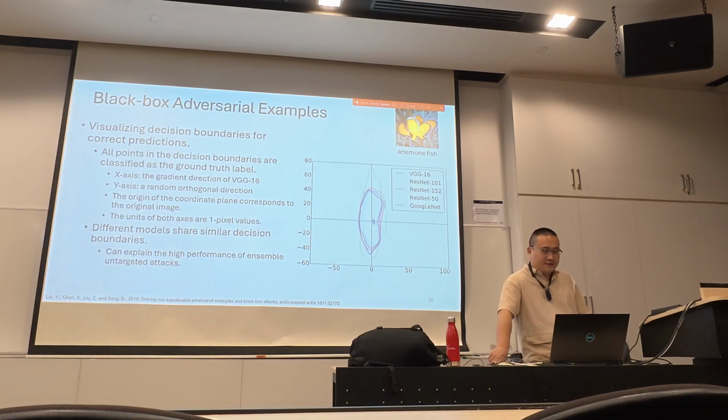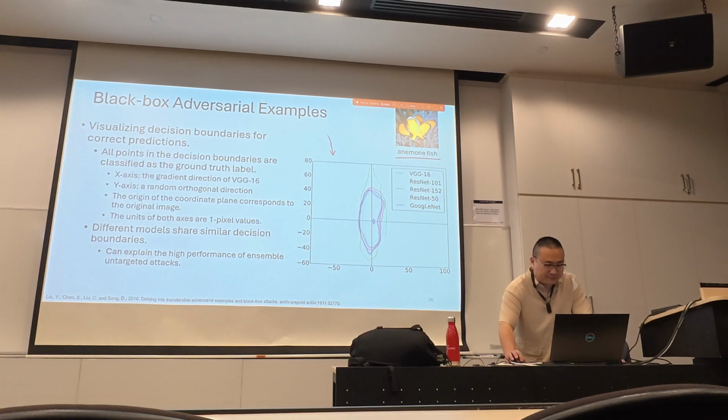And then let's try to understand why this strategy can succeed, the ensemble attack strategy. So we try to visualize the decision boundaries for the predictions. So here are the decision boundaries. In this figure, given the image, this is the clean image that can be correctly classified. And then we calculate the gradient of the image with respect to the model.